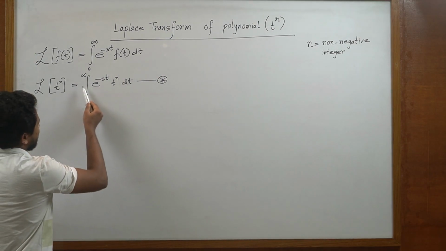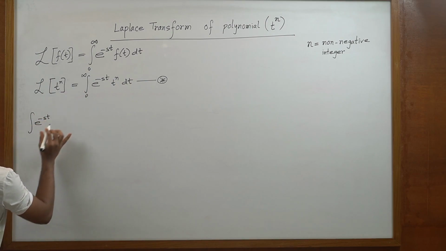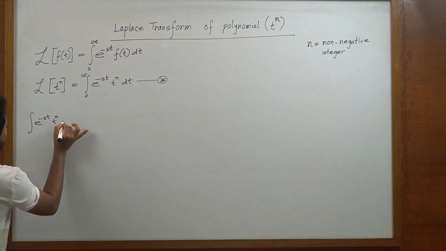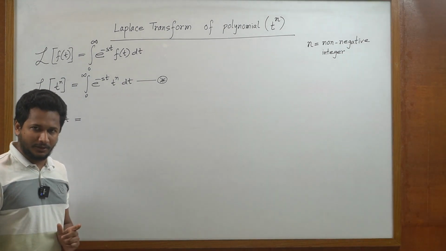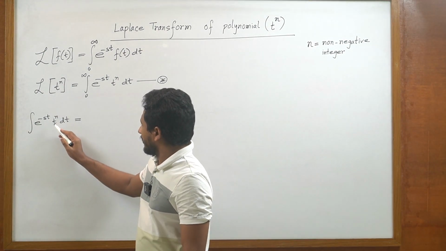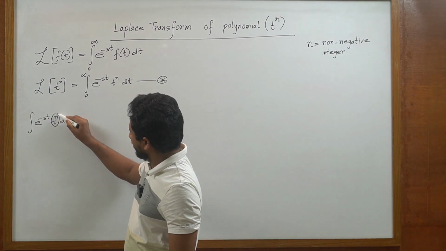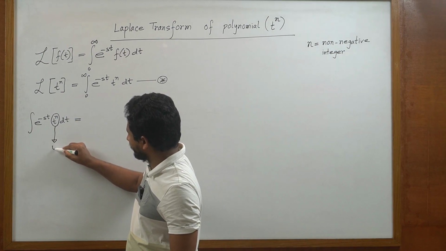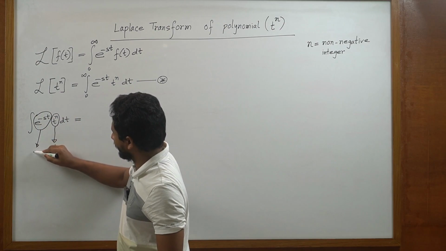Now we evaluate this integral, the integration of e to the power minus st into t to the power n with respect to t. This integral should be done by the integration by parts method, the integration UV method. In integration by parts, the polynomial function should be u and the exponential function should be v.